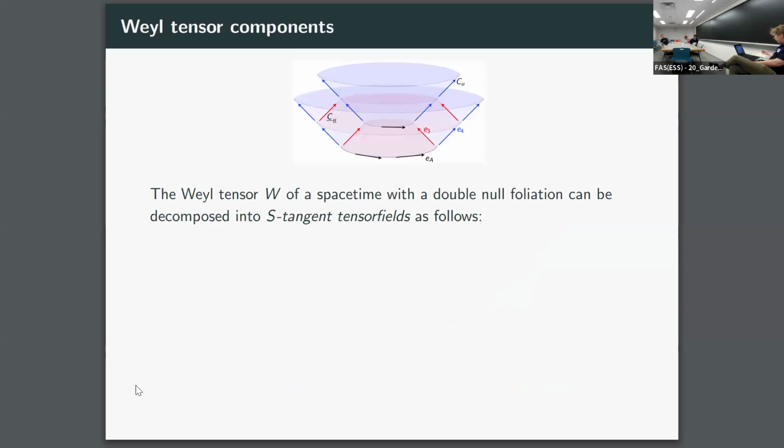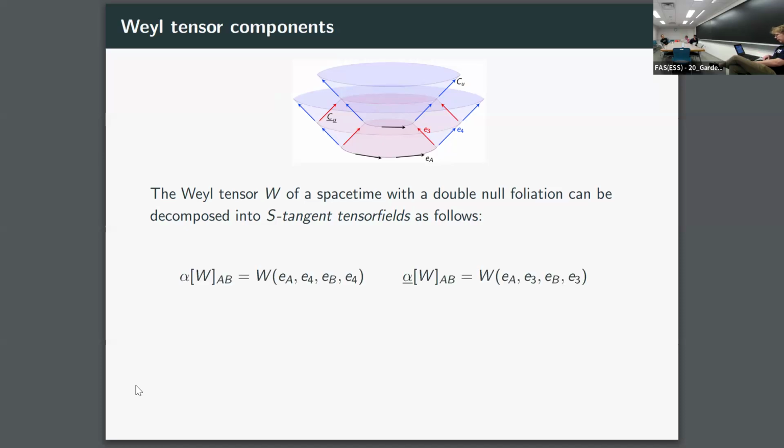Okay, and once we have a frame like this, E1 through E4, what do we like to do? We like to decompose things, and we can decompose the Weyl tensor of a spacetime. Once we fix this double null foliation and fix our null basis here, we can decompose it into various S-tangent components.